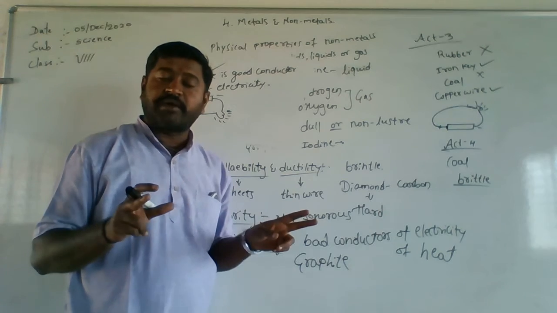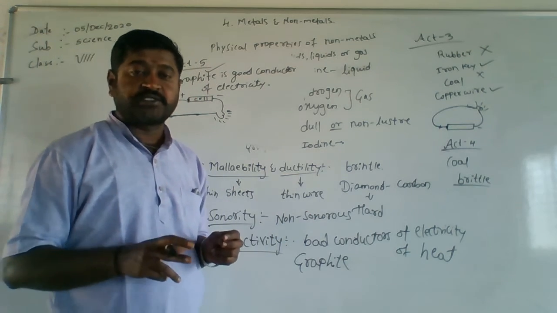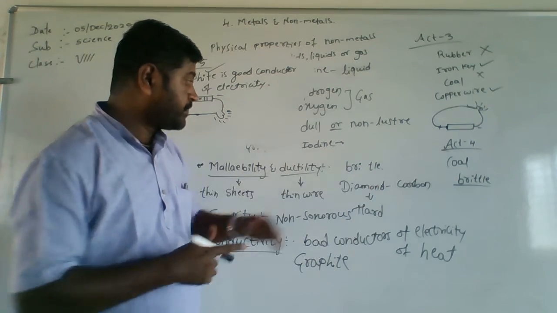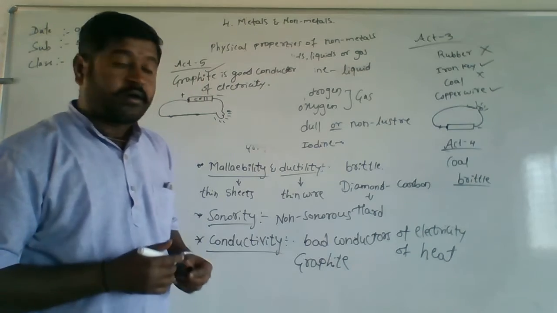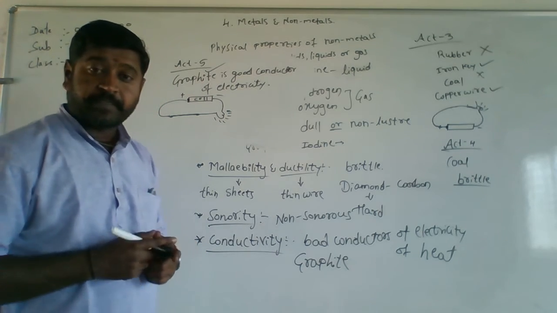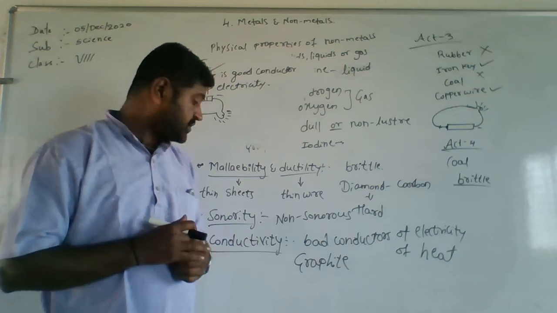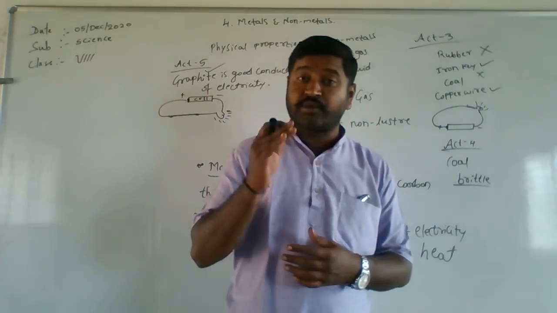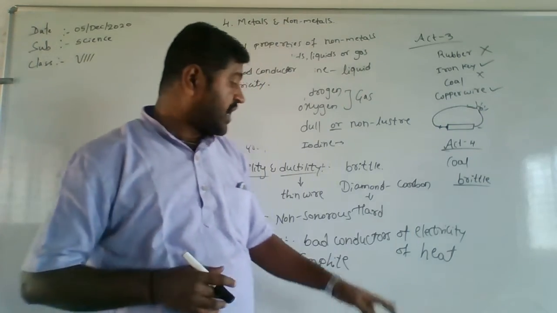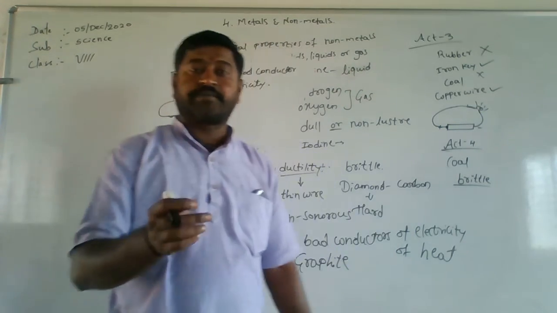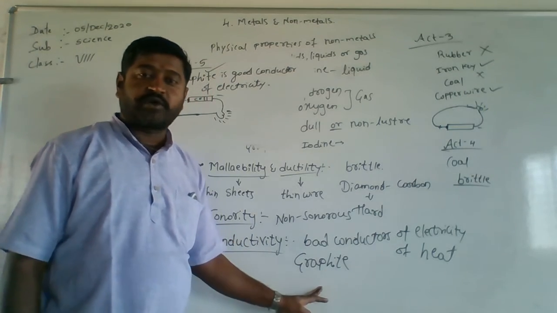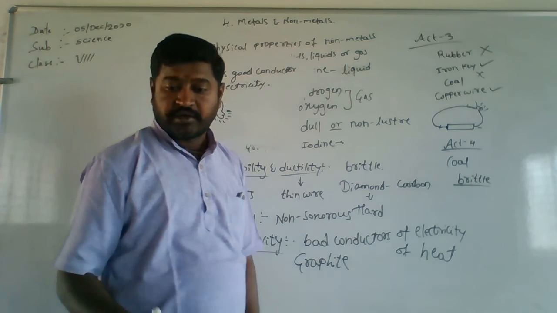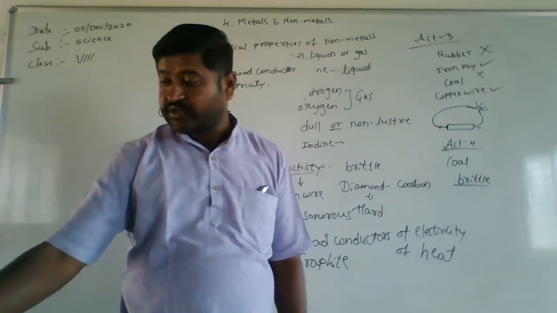We find no malleability or ductility in non-metals because they are brittle. And then sonority: no sonority is found in non-metals. And conductivity: these non-metals are bad conductors of electricity as well as bad conductors of heat, except graphite, because it is a good conductor of electricity. Is this clear? So this is about today.